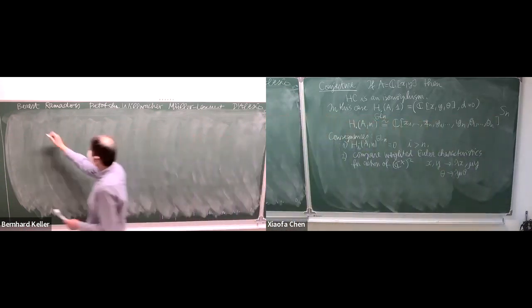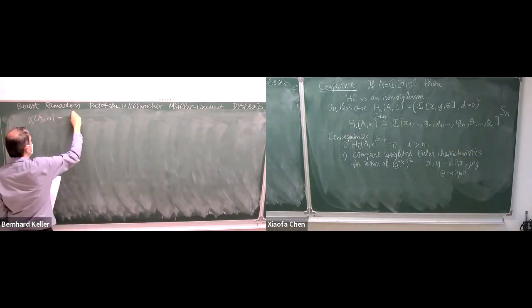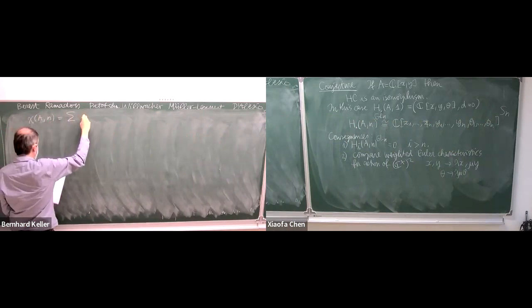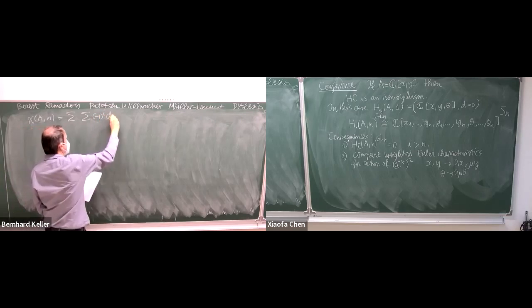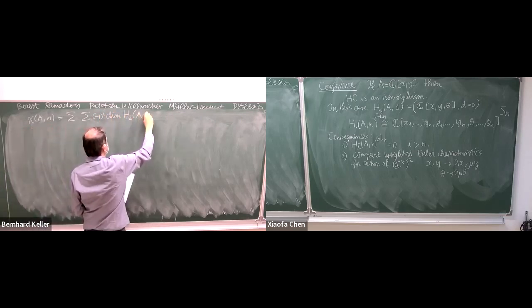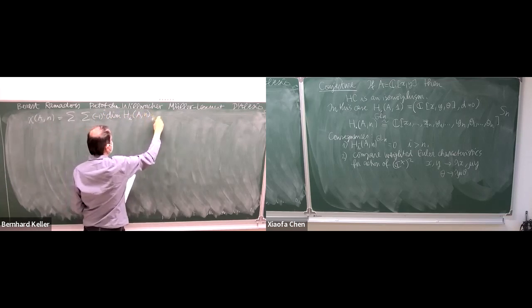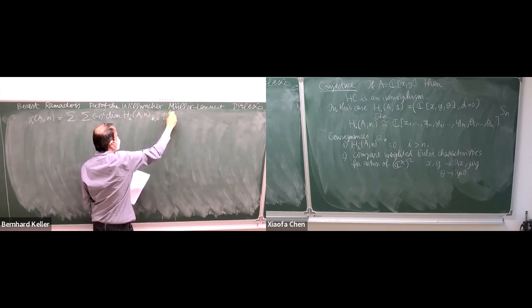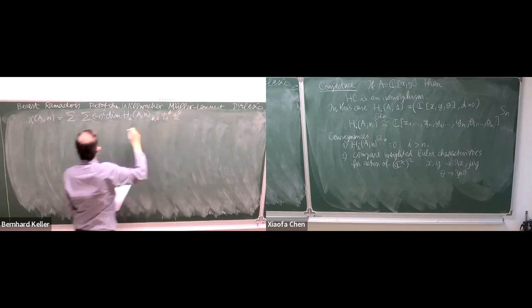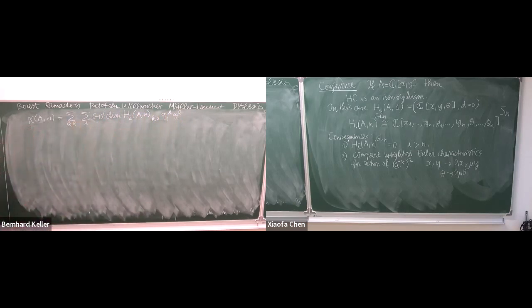Let's say N will be the sum of, we take a part of degree AL, we want to take the generating series of dimensions of weight spaces for this torus action.